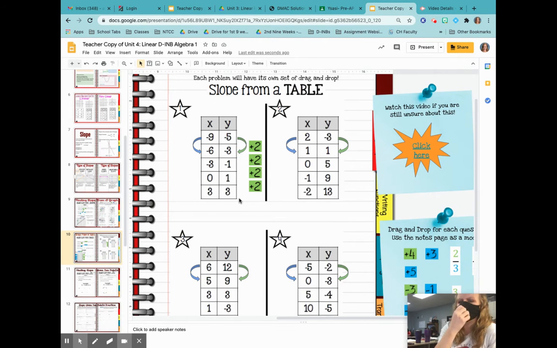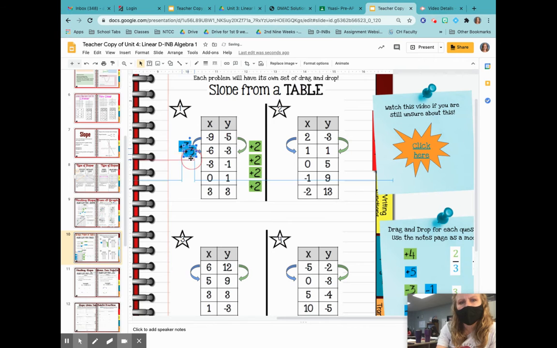Okay, what about the x values? From -9 to -6. How do you go from -9 to, yeah, you'd be +3. -6 to -3, +3.